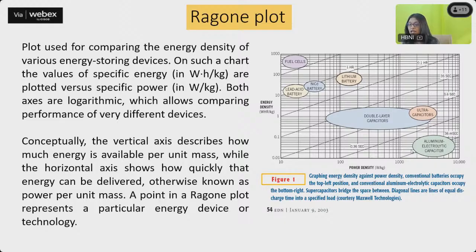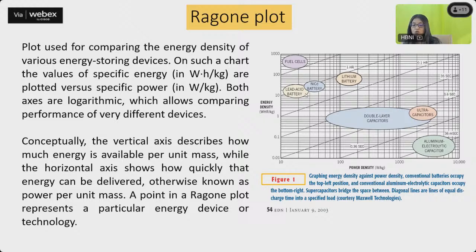If you look at the aluminum electrolytic capacitor, it is sitting right at the bottom right corner. That means it has a very high power density, but the energy density is very low, which is the case with capacitors. They will give you huge bursts of power, but the energy density is very low.